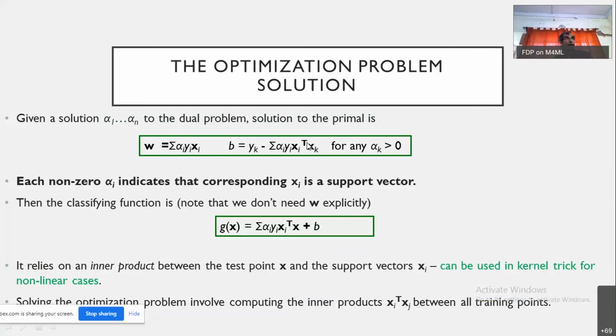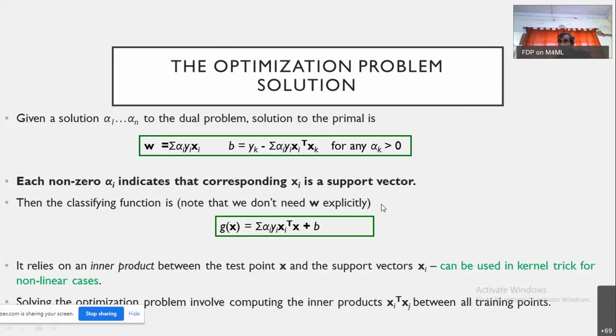Once you know the W and B, you know the position of the lines. You know where the support vectors are. You know what the margin is. So all non-zero alpha indicate that this is a support vector, because that will be the constraint, right? So for all non-zero alpha i's, this will correspond to the support vector.